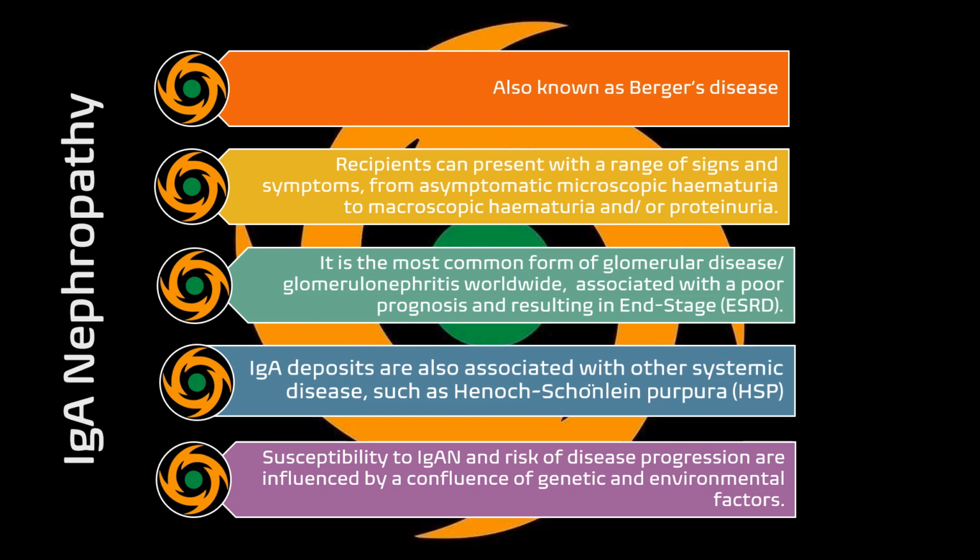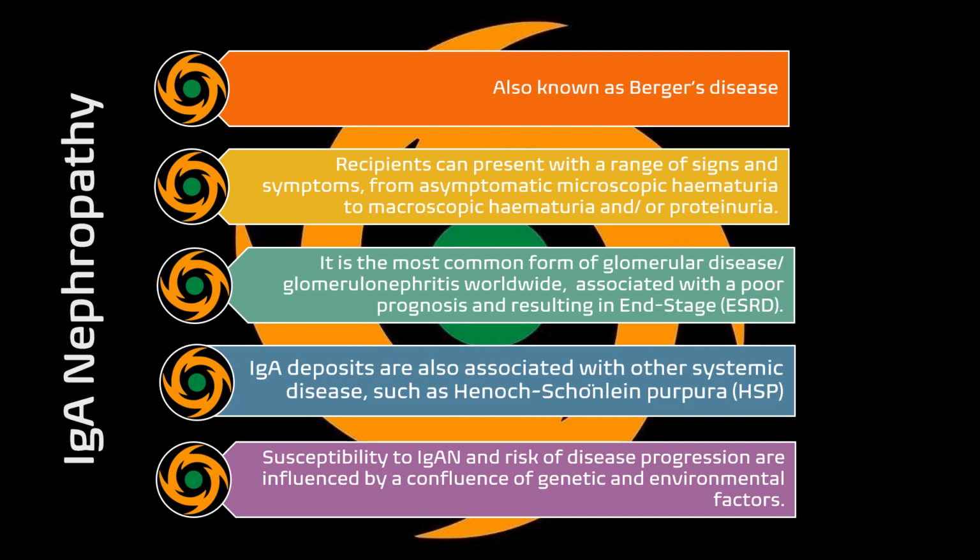IgA deposits are also associated with other systemic diseases, such as, for example, Henoch Schönlein purpura, or HSP.